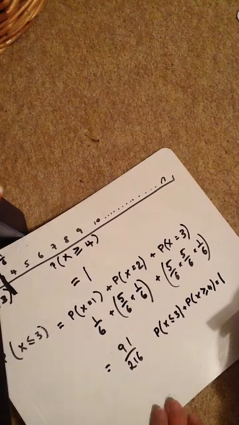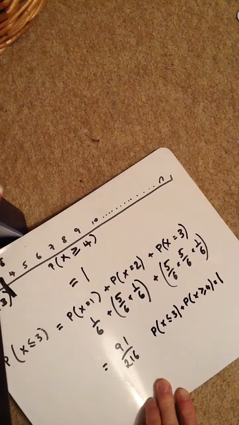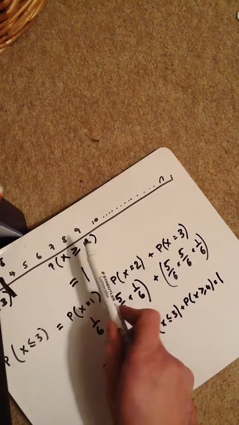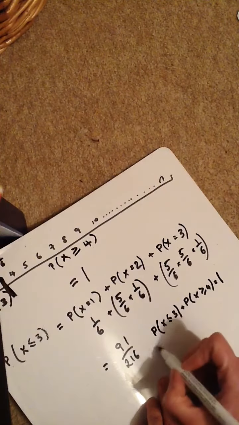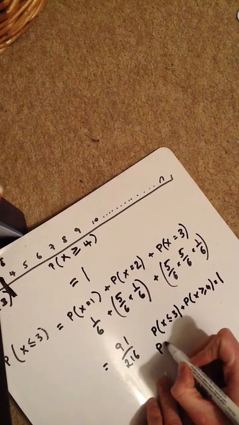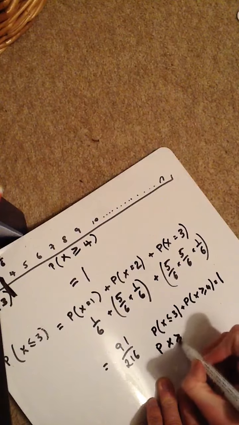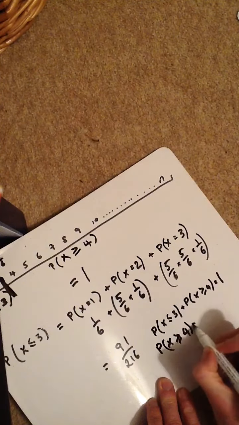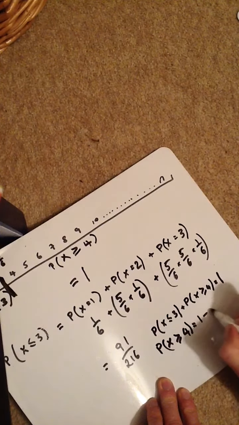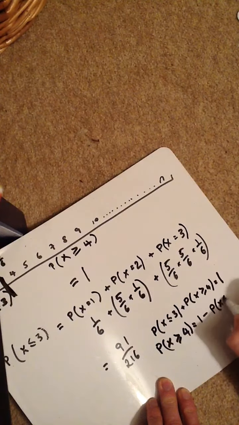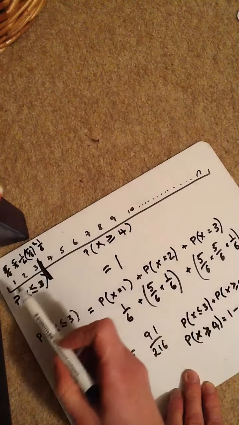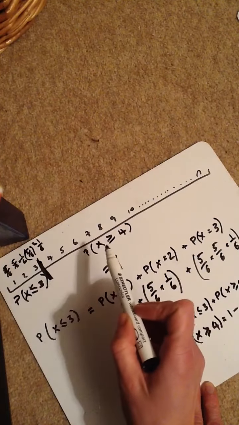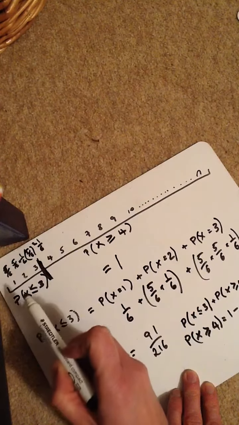So I could rearrange this equation now, and this is going to be the crucial part. So the probability that x is greater than or equal to 4 is equal to 1 minus the probability that x is less than or equal to 3. So this probability is 1 minus this probability.